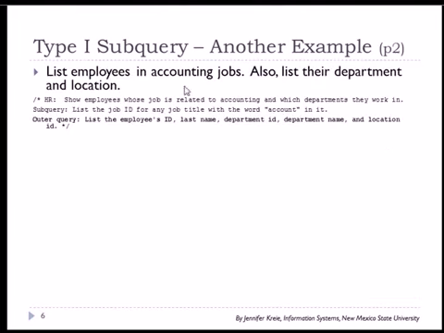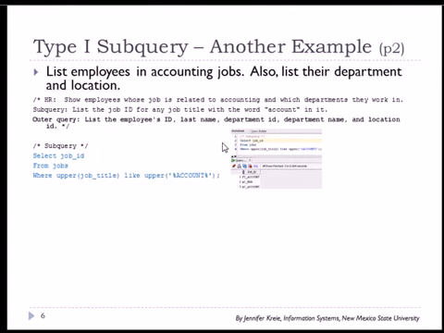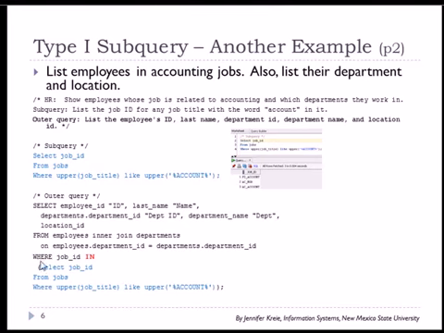So in the second part of this, we need to do the outer query where we list the employee's ID, the last name, the department ID, name, and location ID. So I'm taking that subquery, which we just saw in the previous slide, and I embed that in the where clause.